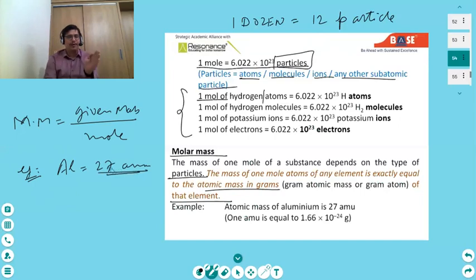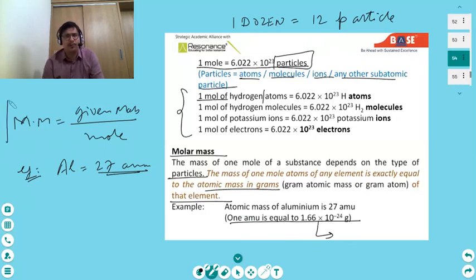So 1 mole of aluminium is represented as 27 AMU. Previously I told you that 1 AMU is equal to 1.66 into 10 to the power minus 24 gram, or minus 27 kg. This is the AMU, atomic mass unit.